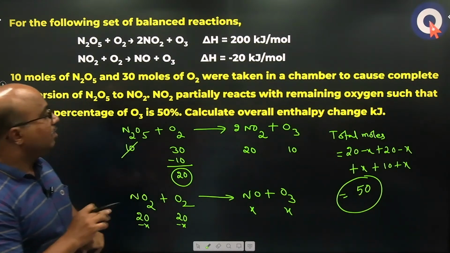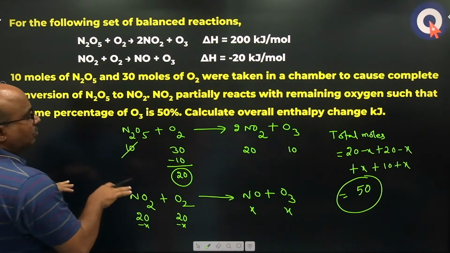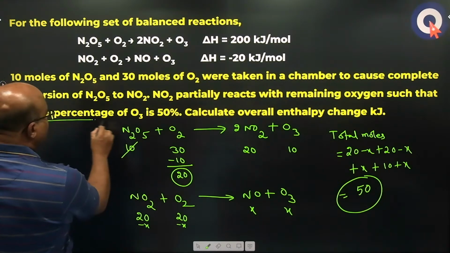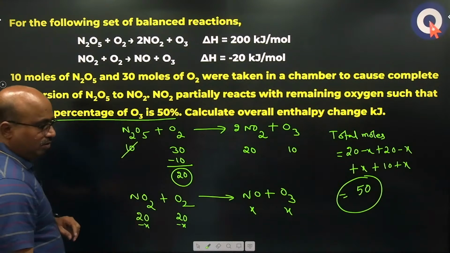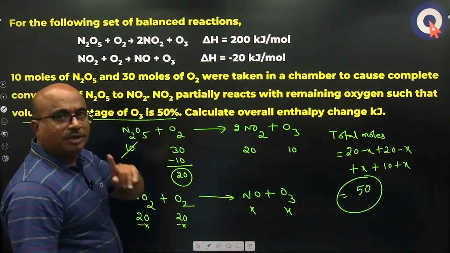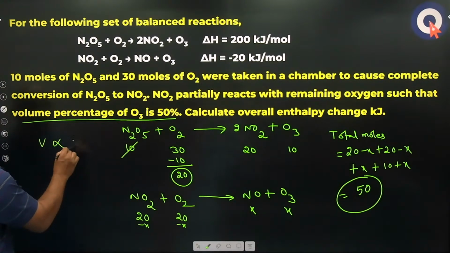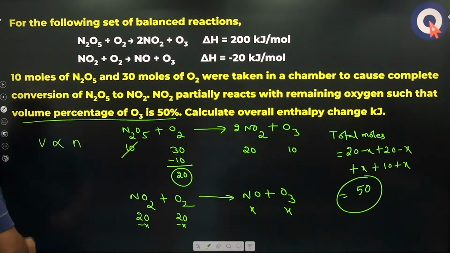So what is he saying? Since the process is done in a particular condition, the volume percentage is given. But a process at constant pressure and temperature, volume is always directly proportional to moles. Means your volume percentage should be nothing but mole percentage.